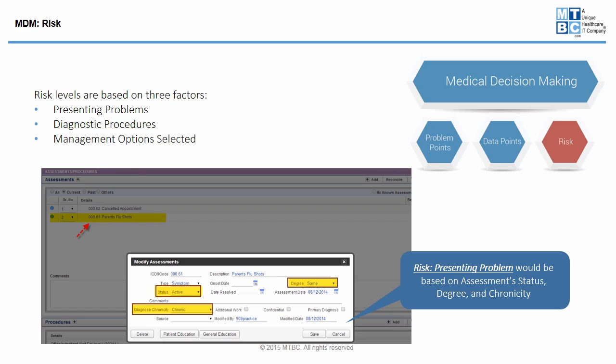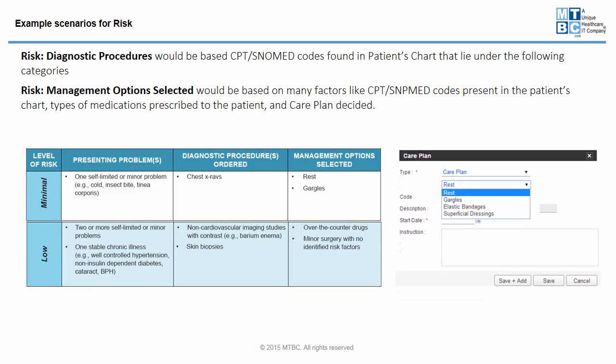And the presenting problem would be based on the items that you select under these sections. Now, diagnostic procedures would be based on CPT or SNOMED codes found in patient charts that lie under the following categories. Management option selected would be based on many factors like CPT or SNOMED codes present in patient charts, type of medications prescribed to the patients, and care plan decided.